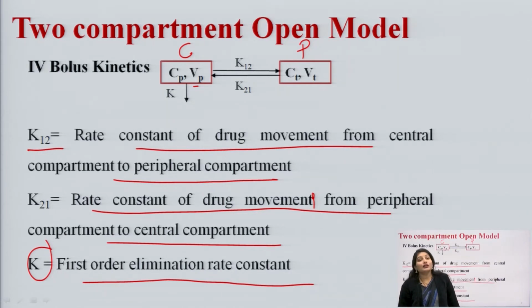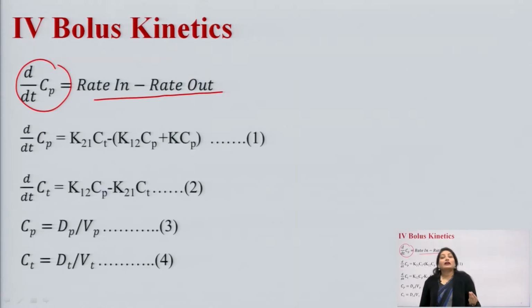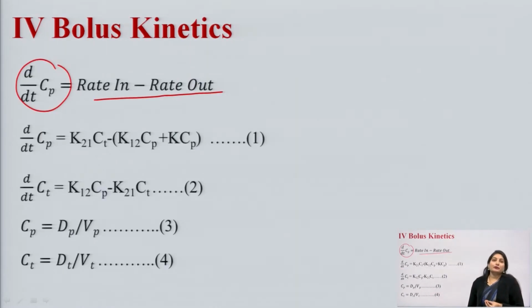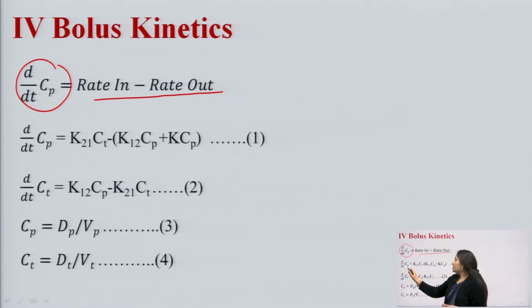That means, to calculate the rate of change in plasma drug concentration with respect to time, we have to subtract the rate out from the rate in. So, when we talk about the plasma drug concentration in the central compartment, or dCp/dt, we can represent it like this.